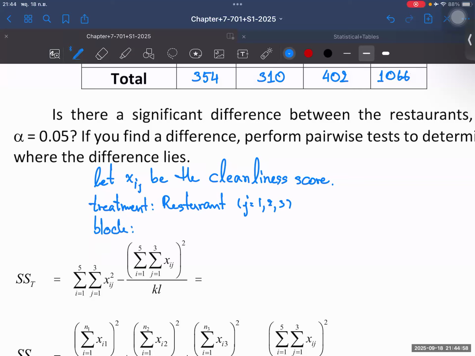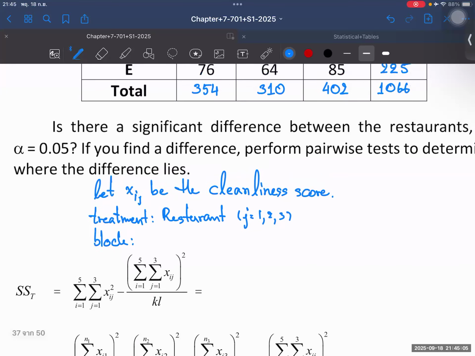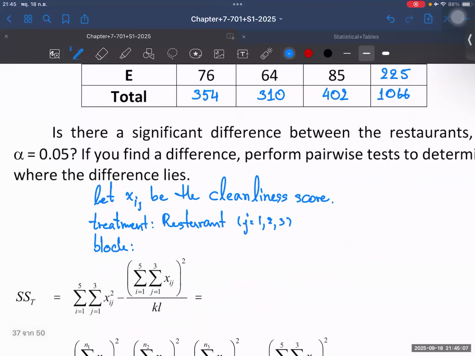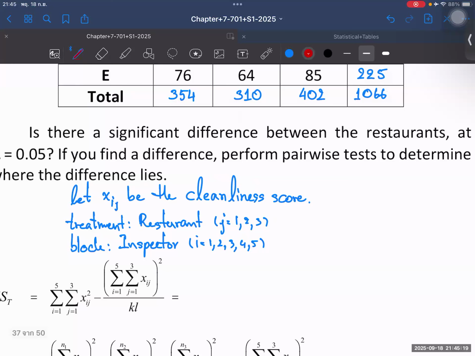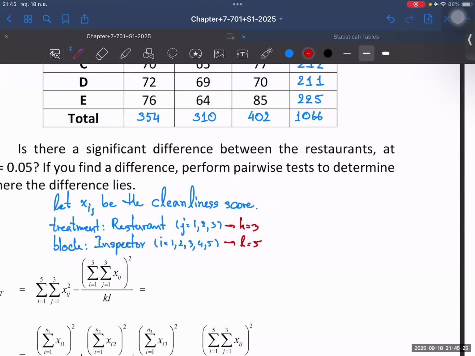So what is the block? The block is the inspector. So I is equal to 1, 2, 3, 4, and 5. So it means K is equal to 3 and L is equal to 5.